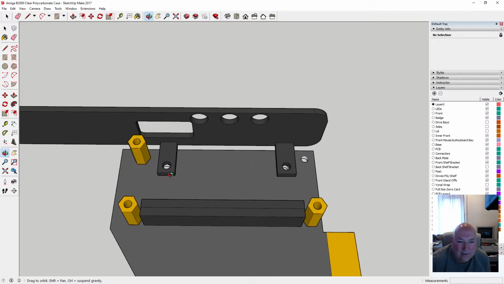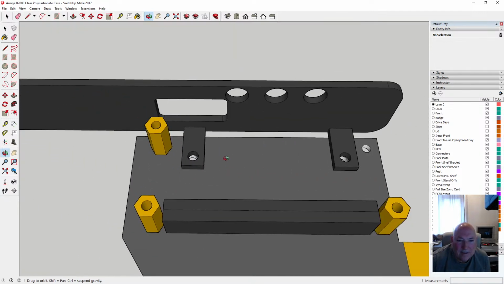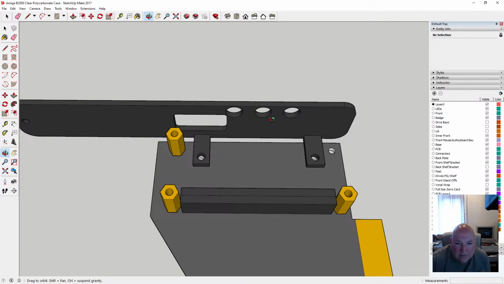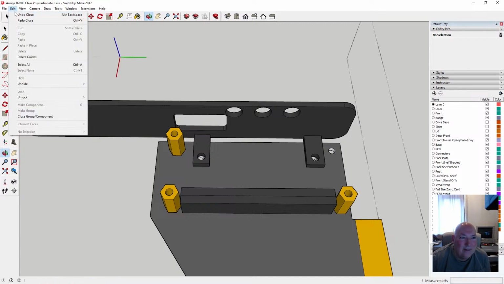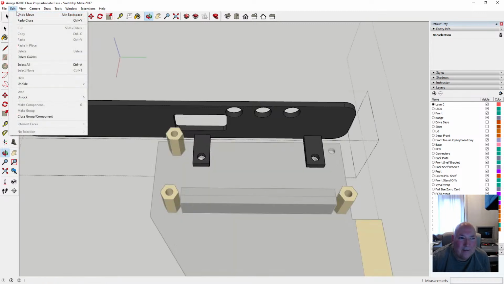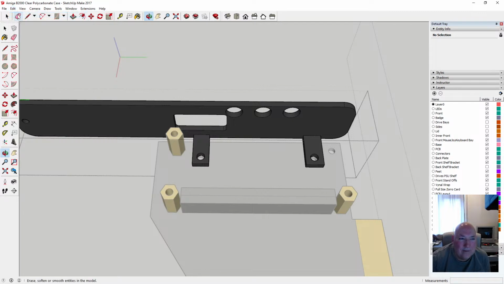What have I done? Have I gone the wrong way? So I've moved that over that way. Yeah, I've gone the wrong way, haven't I? Right, okay. Undo, close. Undo, move. Undo, move. Right, let's try again.